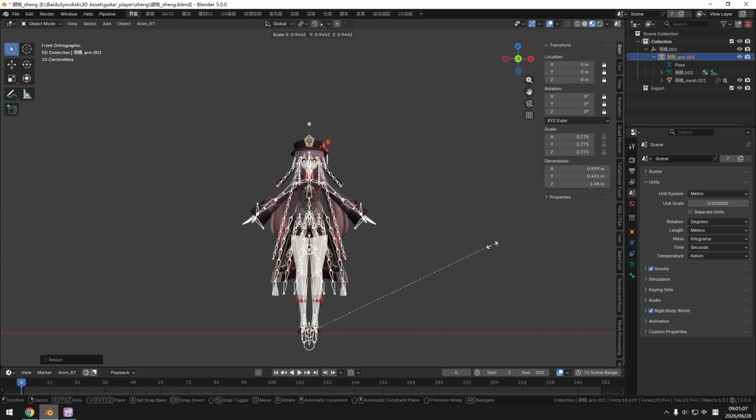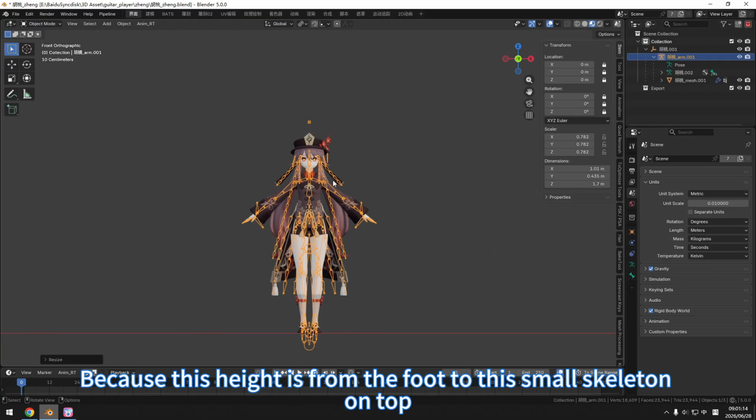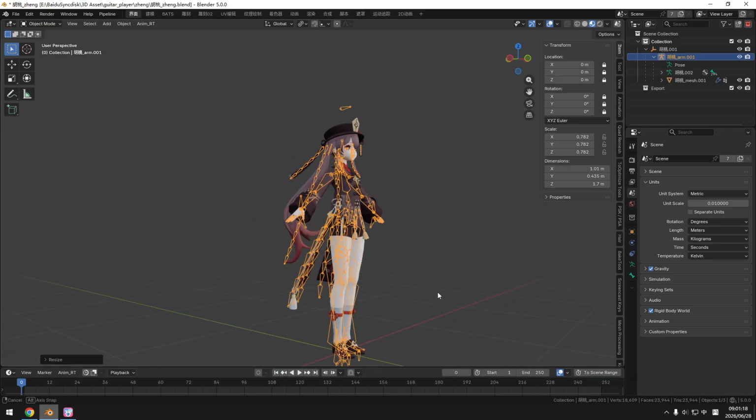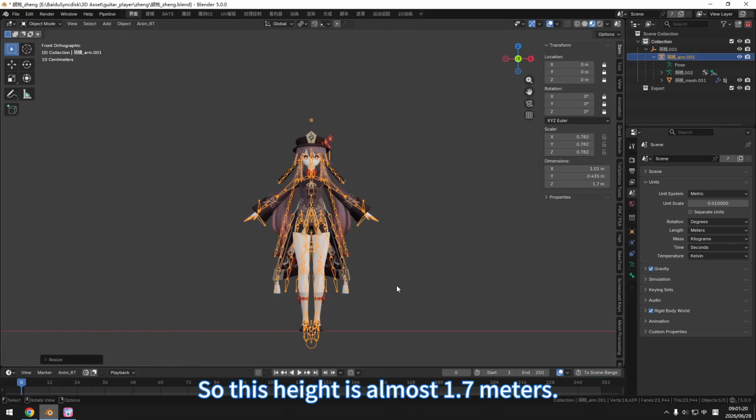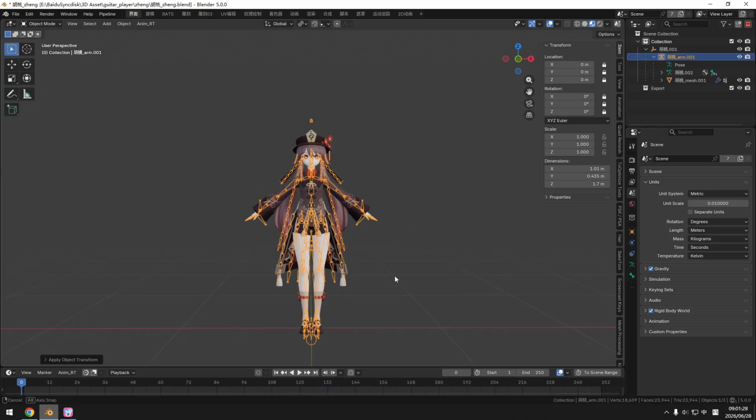Should be about the same, because this height is from the foot to this small skeleton on top. So this height is almost 1.7 meters. Scale, then apply. The height of Hudao is set.